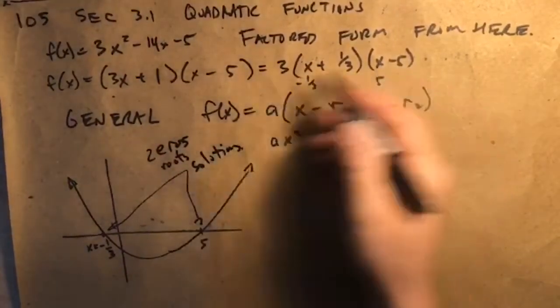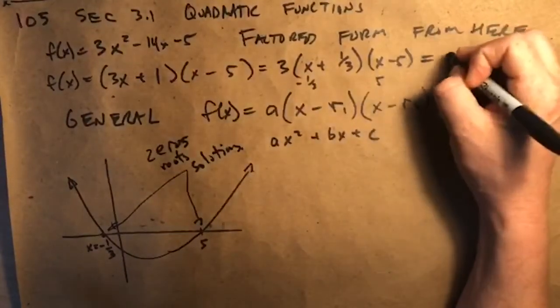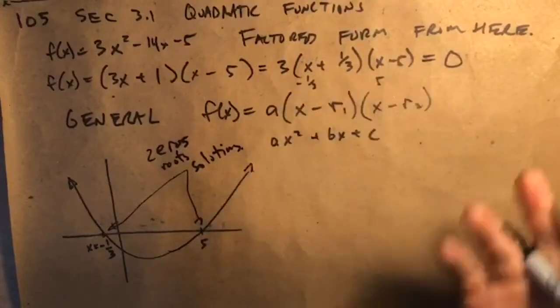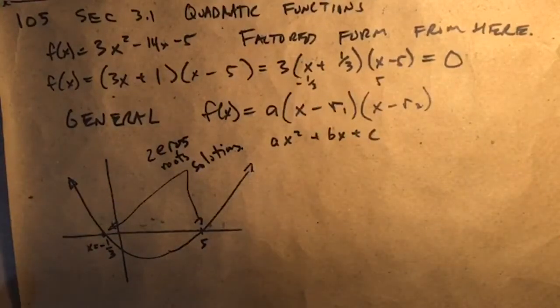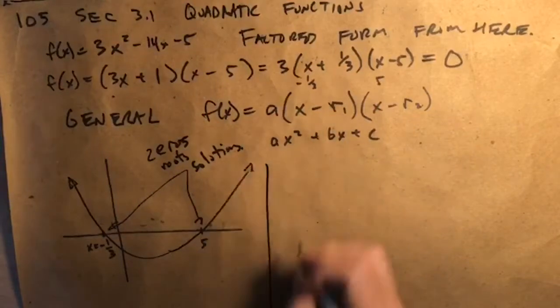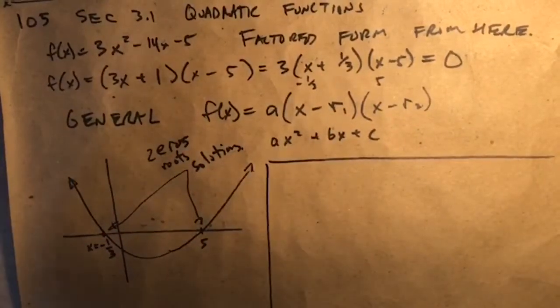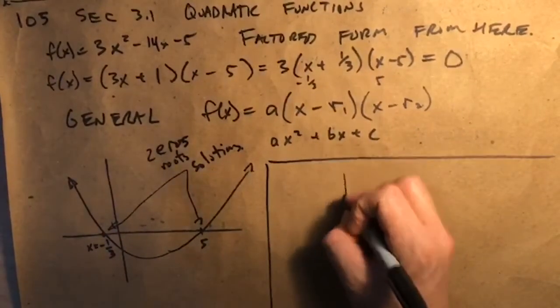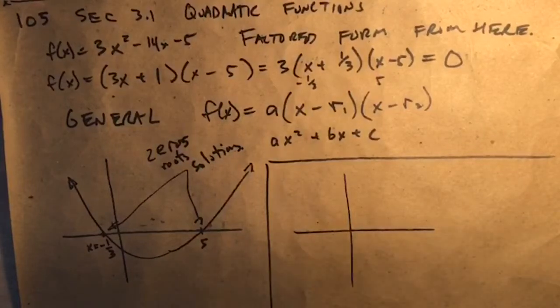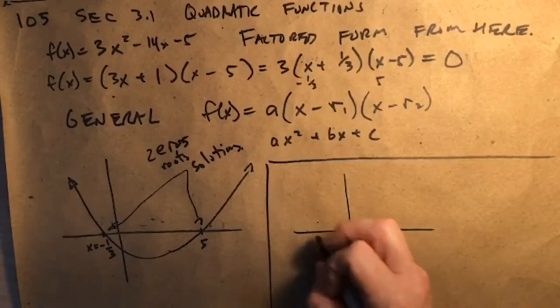And it's nice to have this because I can set it equal to 0, and then each of these terms equals 0, and we can figure out where things are. Now, the last puzzle that we want to talk about here is, suppose I gave you a graph and told you where some of the roots were.